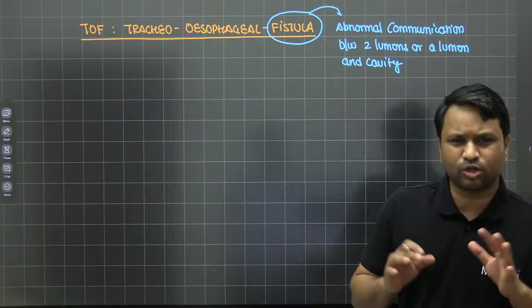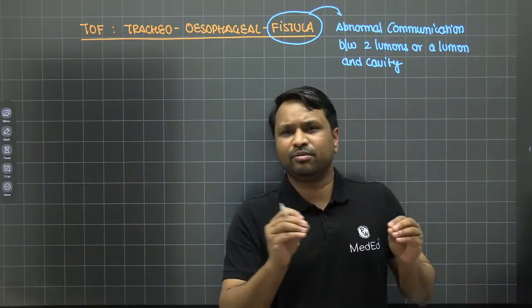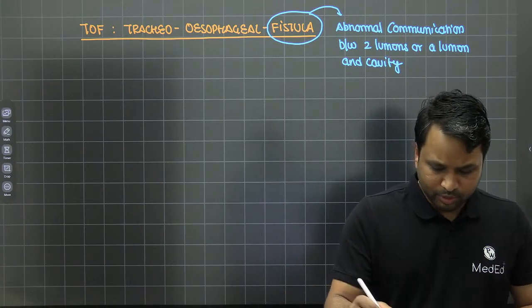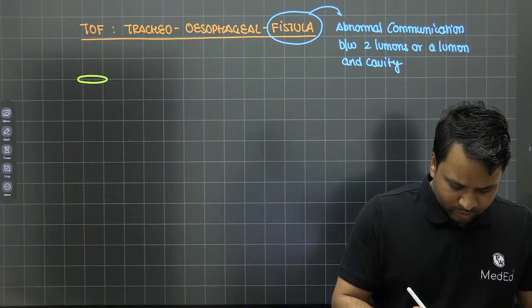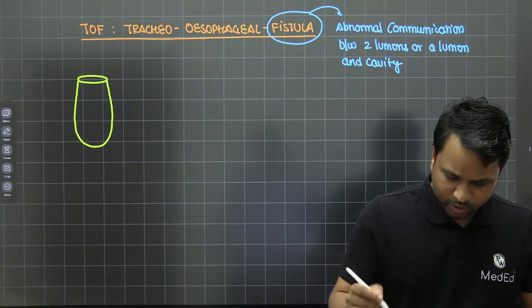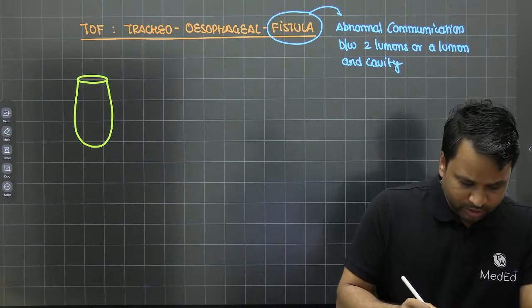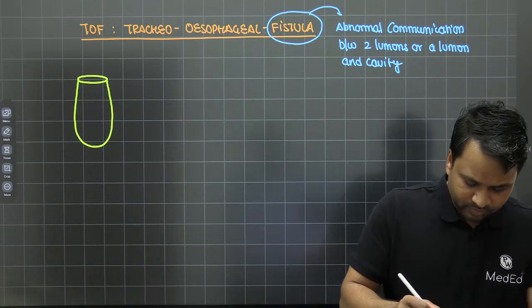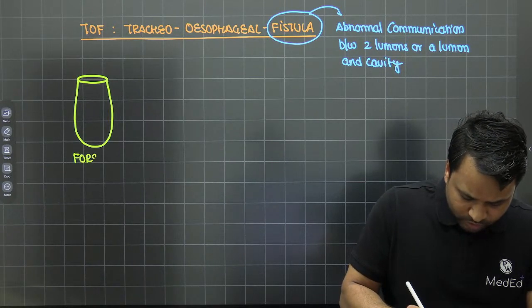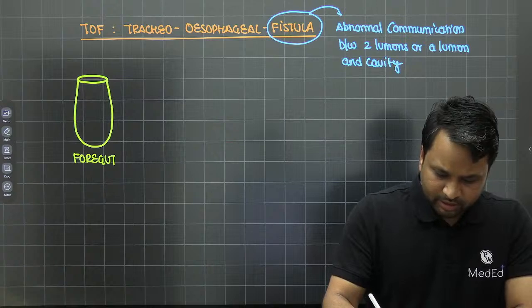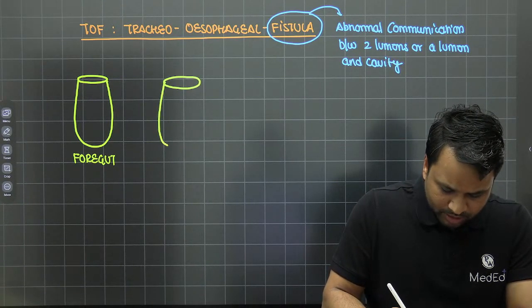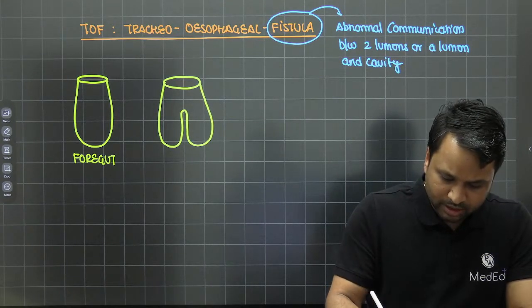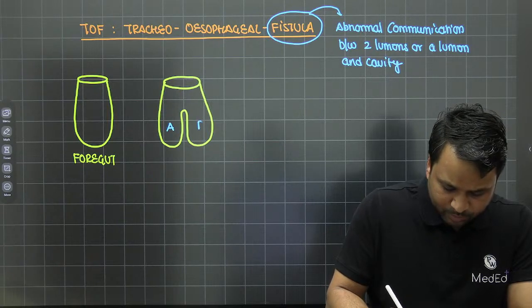Now, in order to understand the whole concept behind the tracheoesophageal fistula, I'll give you a basic pathophysiology of what would have happened embryonically. This entire segment develops from the embryonic primitive state, which we call the foregut. During the development of the embryonic foregut, it will be divided by a septum. There will be a septation created, and this will divide it into two components: the anterior bud and the posterior bud.